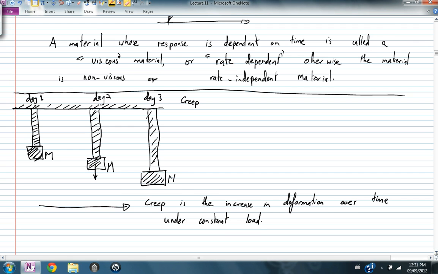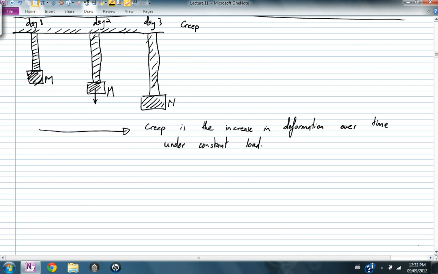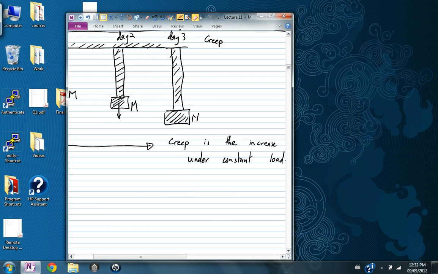And it's a problem in concrete structures, because if you go to an old concrete building and you walk on the slab, you're going to find that the slab has actually creeped and sagged in the middle. So designers of concrete buildings usually take creep into consideration.